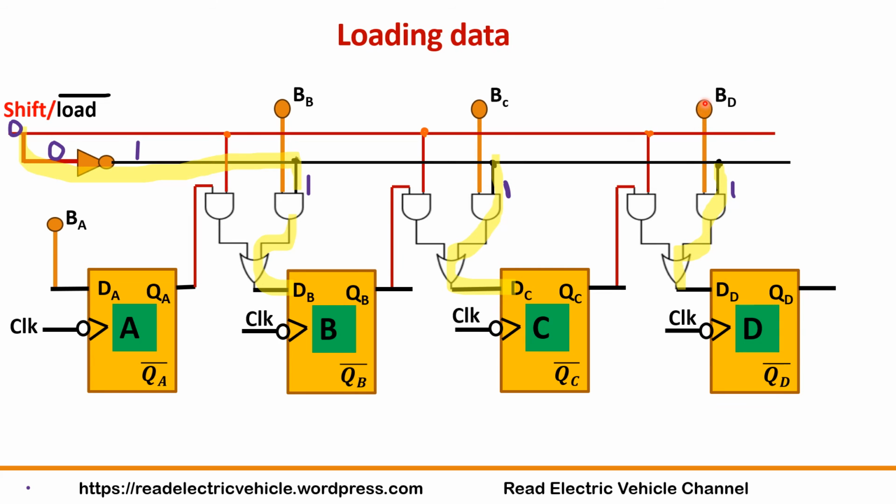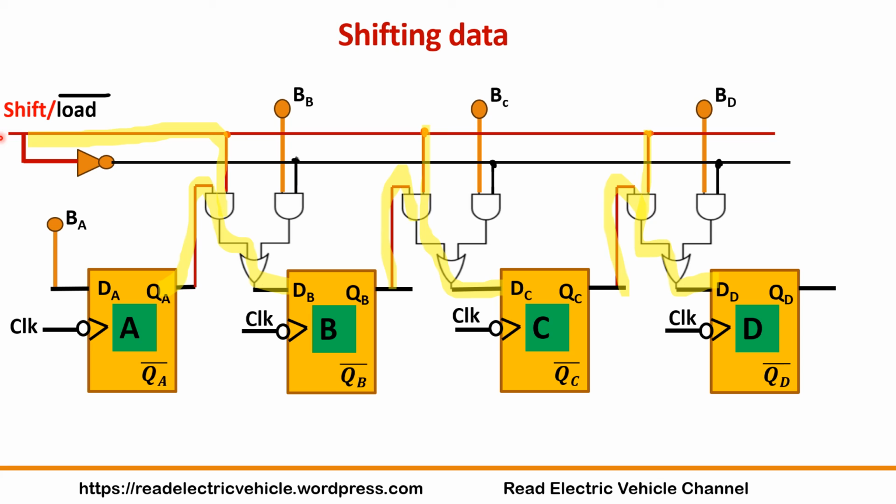So if I give a 1 here, that data will be transferred easily, directly to the flip-flop. So this is the loading operation. You give a 0 here because it is an active low signal, the corresponding AND gate will be activated, and you are loading the data into the flip-flop. Once the data is loaded, we have to stop loading and do shifting alone.